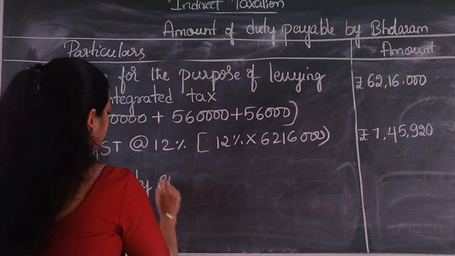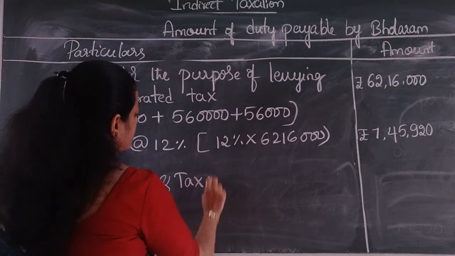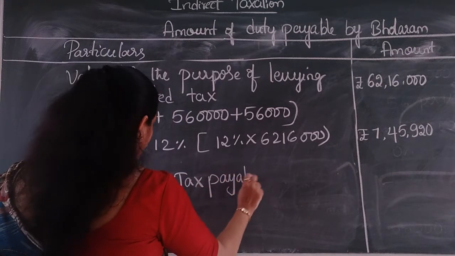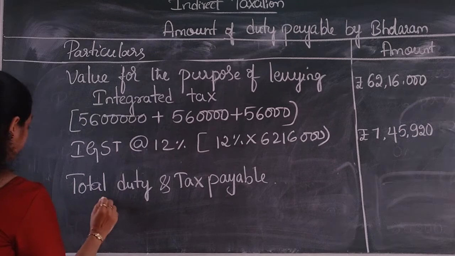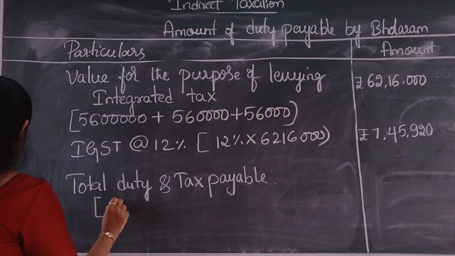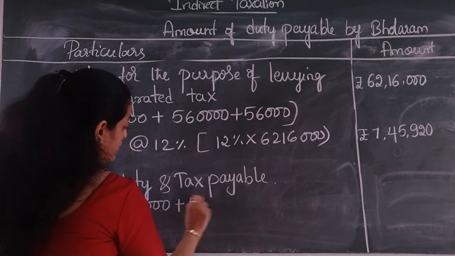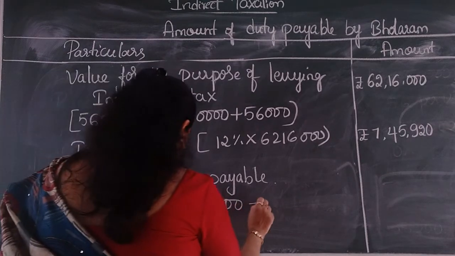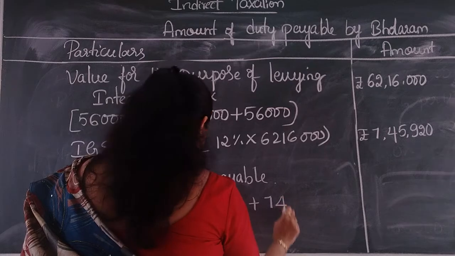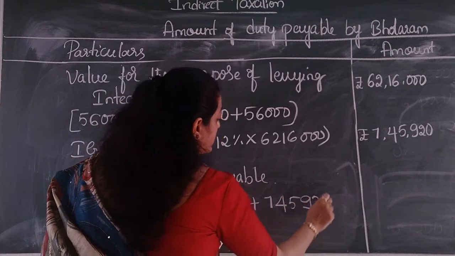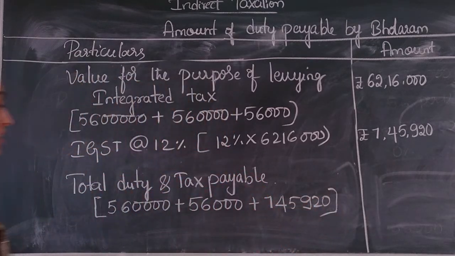Total duty and tax payable is 5,60,000 plus 56,000 plus 7,45,920. The answer is C.